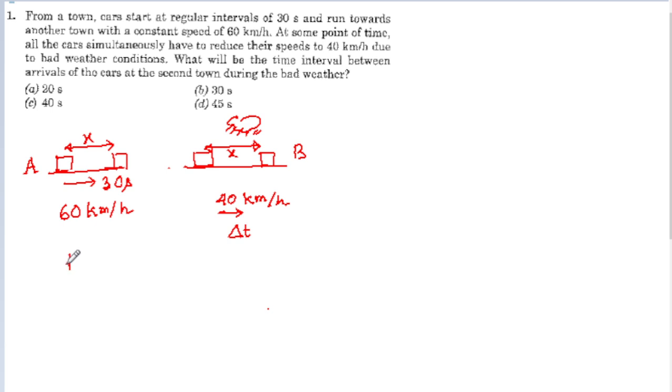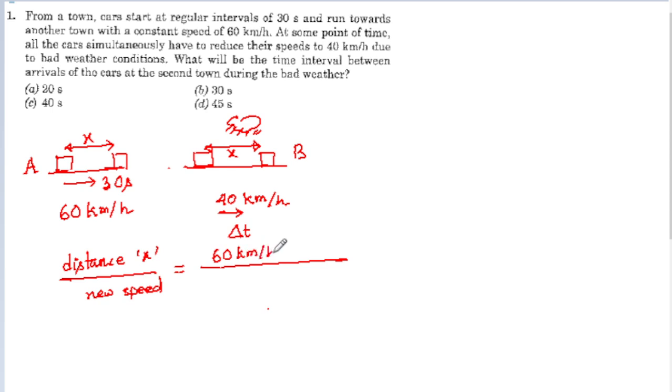The distance x divided by the new speed equals the separation, which is the speed when the weather was good, 60 kilometer per hour, multiplied by the time interval.